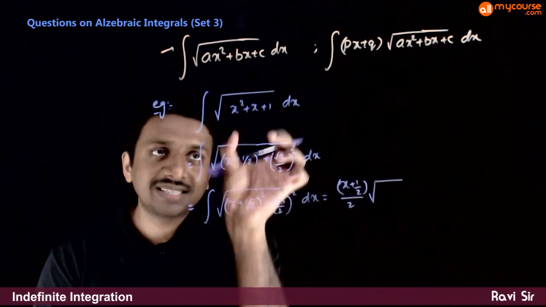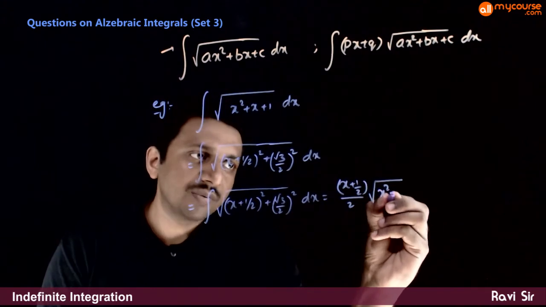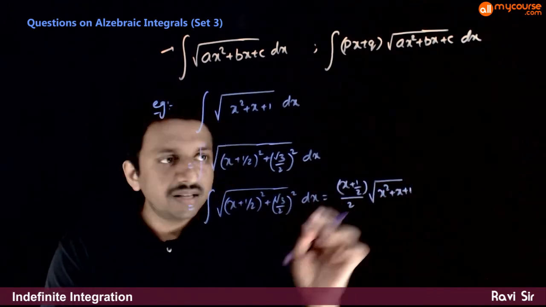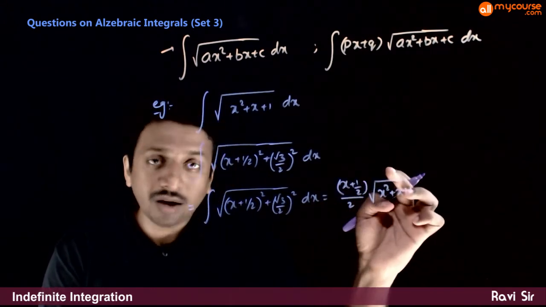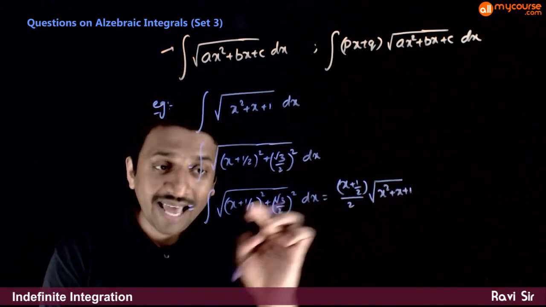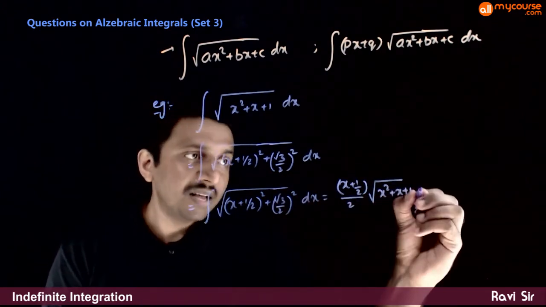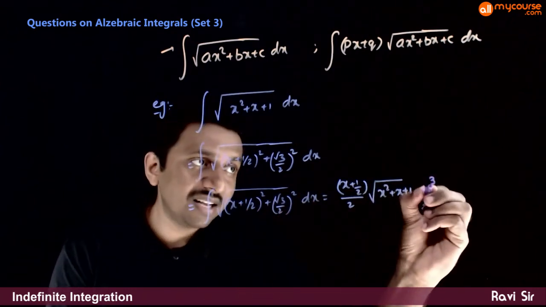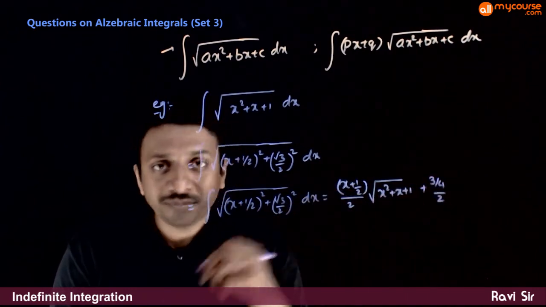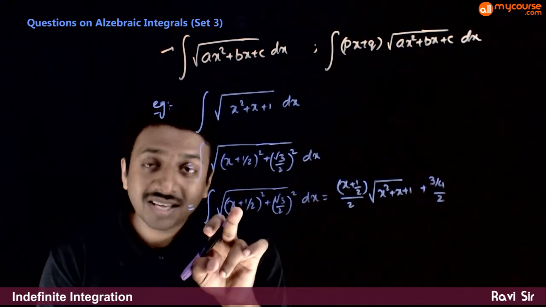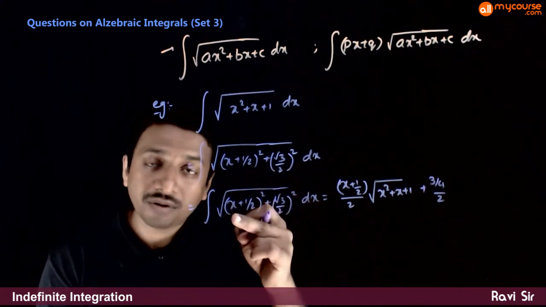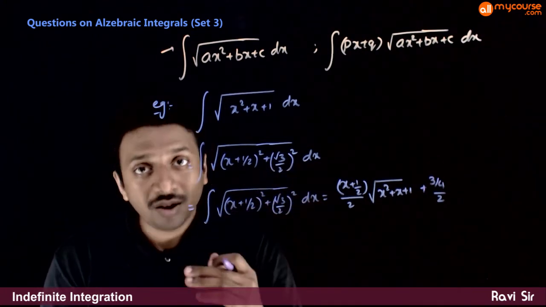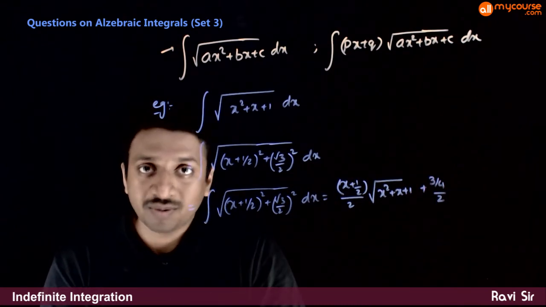This is exactly the same as x square plus x plus 1. So x by 2 root of x square plus a square plus a square by 2. A square is 3 by 4, by 2. What is the normal integration of 1 by root of x square plus a square? Log of x plus root of x square plus a square.